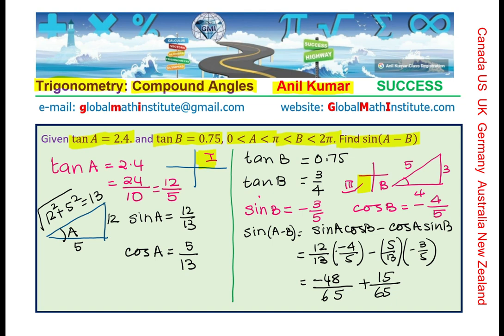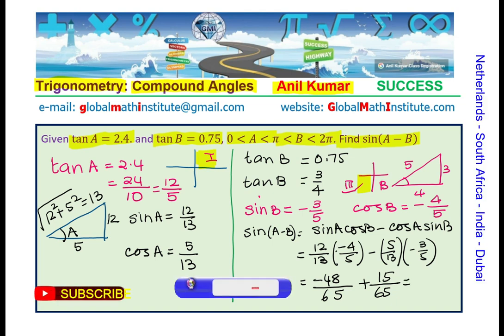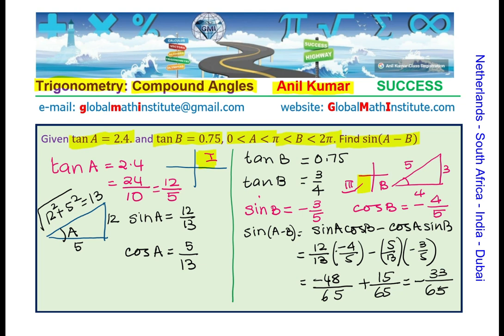Now you can do the math. Minus is going to be the answer. 48 minus 15 will give you 33. So therefore, sine (A minus B) is equal to minus 33 over 65. Makes sense, right?